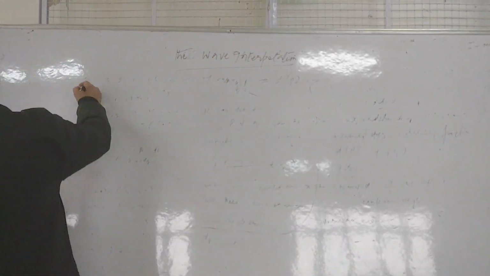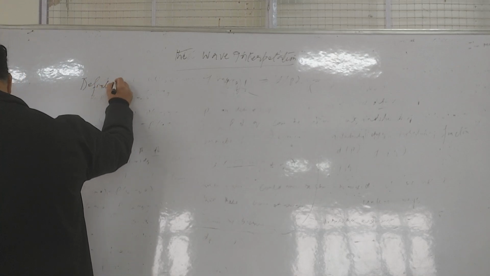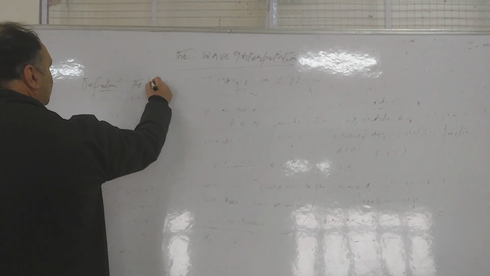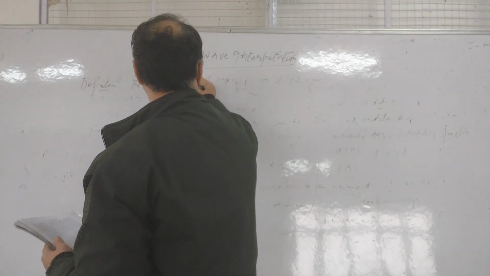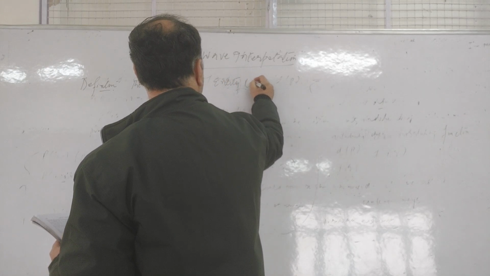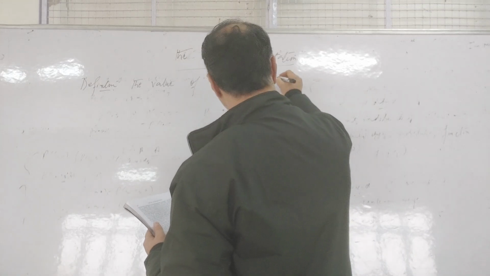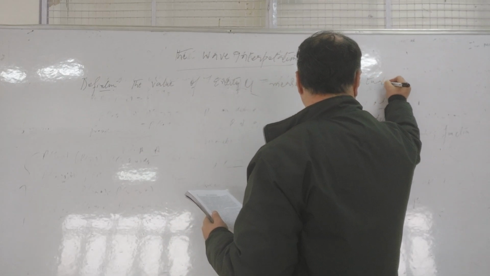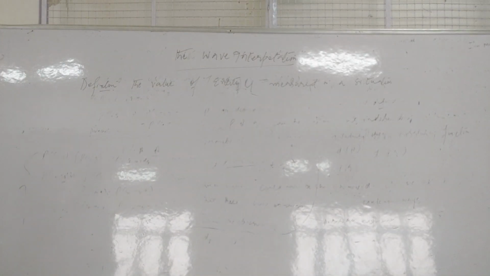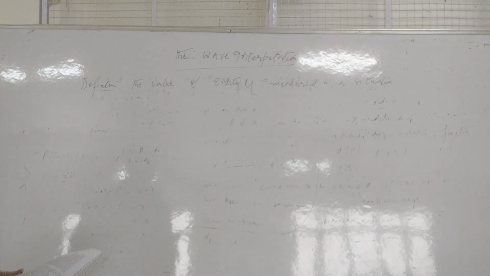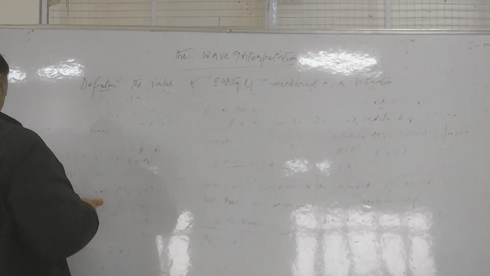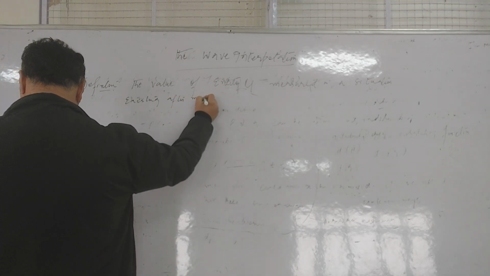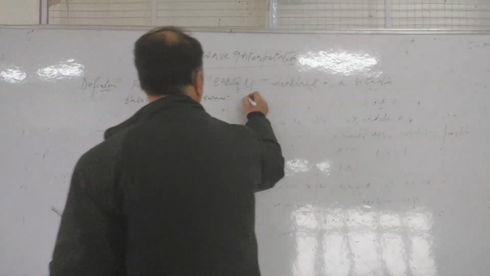Now we can have a definition which says: the value of entity u measured in a situation, existing after measurement, before measurement.